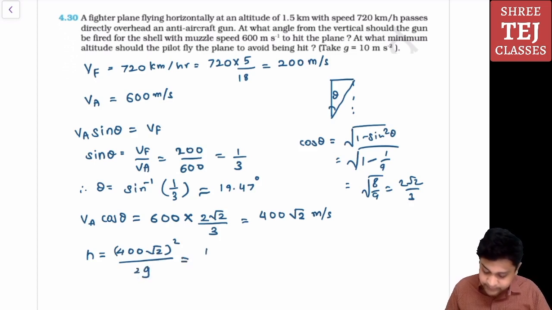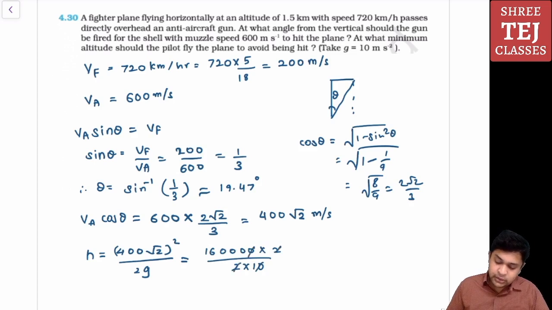So it would be 160000 into 2 upon 2 into 10. So it will be 16,000 meters, which is nothing but 16 kilometers.